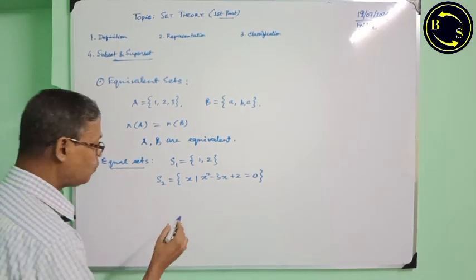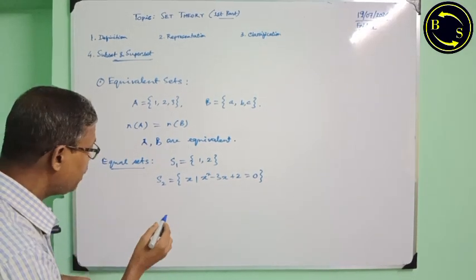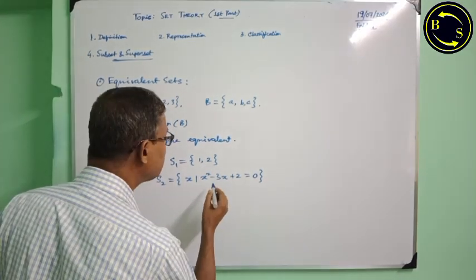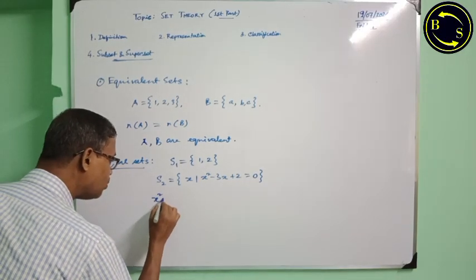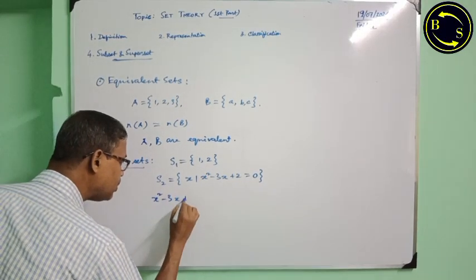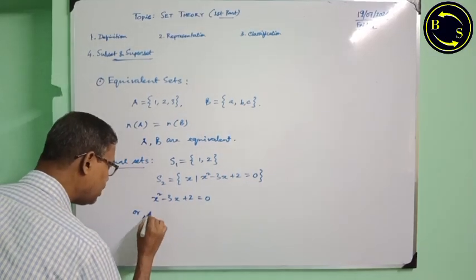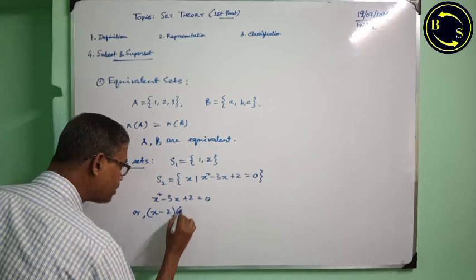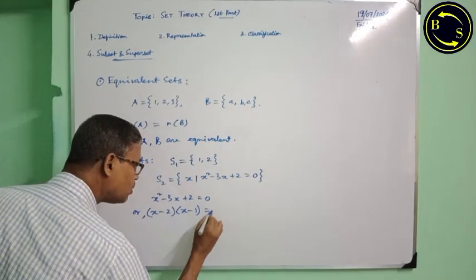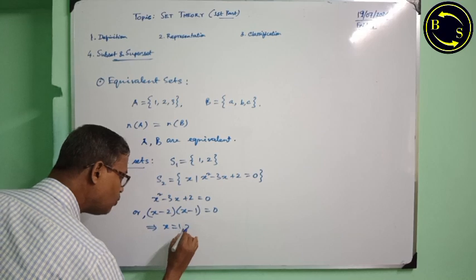For that, we first express the set S2 in tabular form. For that, we solve the equation x square minus 3x plus 2 equal to 0. That is (x minus 2) into (x minus 1) is equal to 0, which gives x equal to 1 and 2.